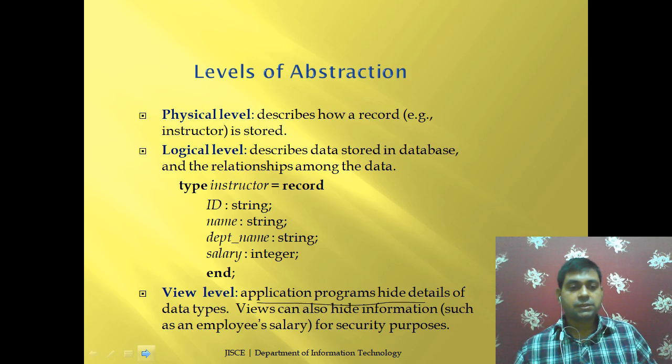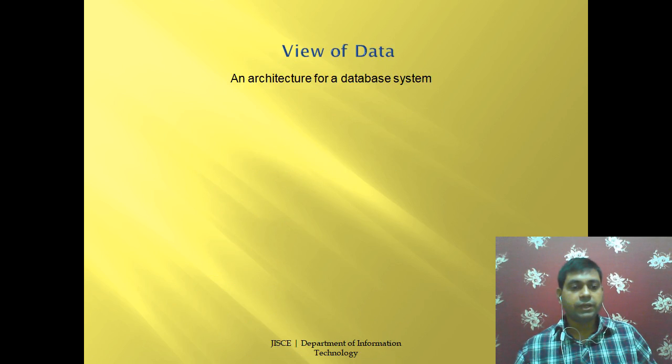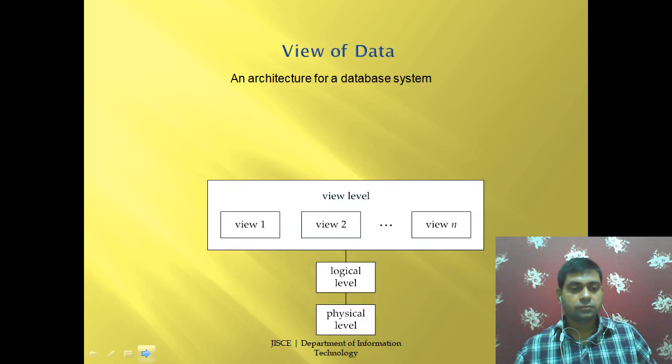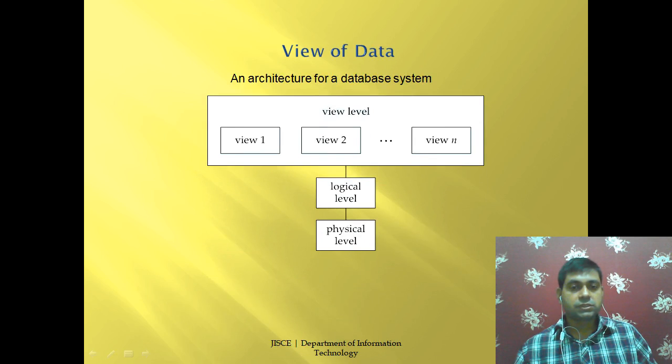Coming to the next thing, that is viewing of data. This is the architecture of the database management system, you can say. The top level or the outermost level is the application level.